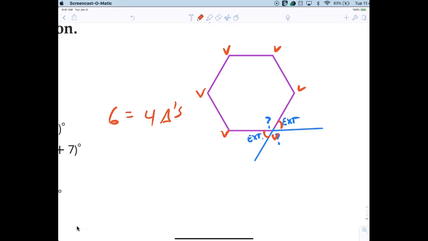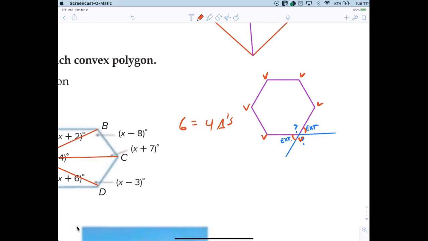Now, there's something very unique here: regardless of how big the shape is or how many sides, the exterior angles have a sum of 360 degrees.